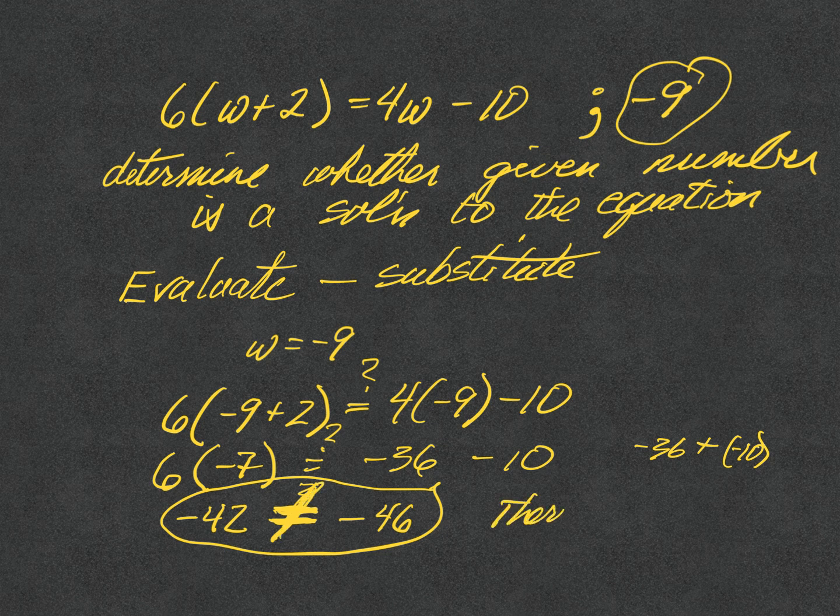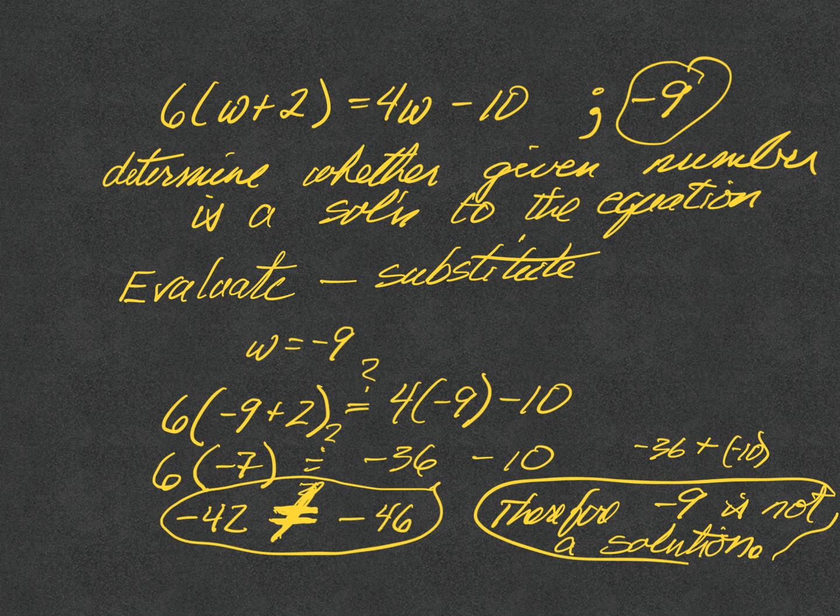Therefore, negative 9 is not a solution. You can write your answer as a complete sentence. And that's how you do those problems, using evaluate to check whether you have a solution or not.